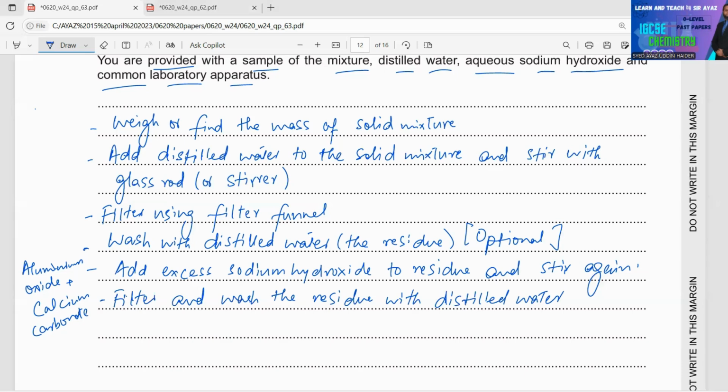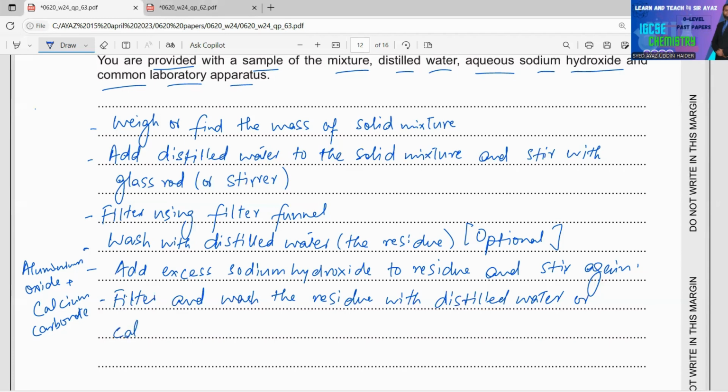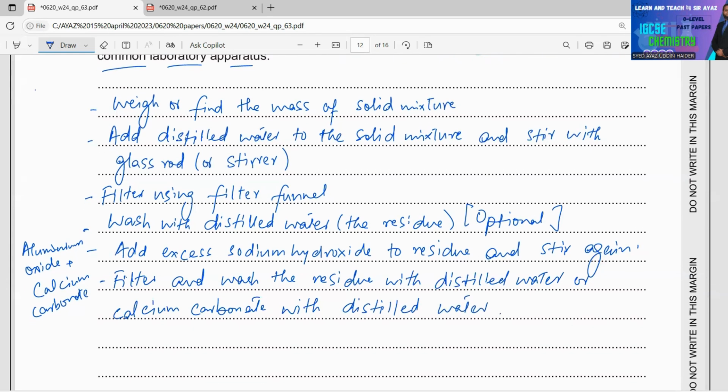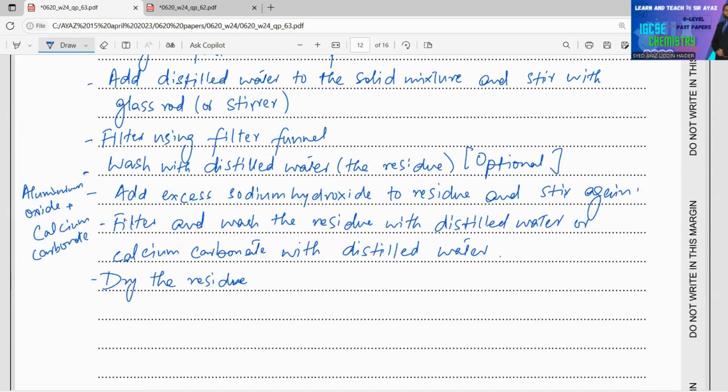As you know, calcium carbonate will be left as the residue. Wash the calcium carbonate with distilled water. Dry the residue. Residue is calcium carbonate, remember.